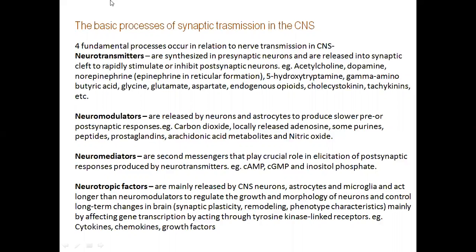After that, another fundamental process is neurotrophic factors, which are mainly released by CNS neurons, astrocytes, and microglia, and act longer than neuromodulators to regulate the growth and morphology of neurons and control long-term changes in the brain like synaptic plasticity, mainly by affecting gene transcription by acting through tyrosine kinase linked receptors.